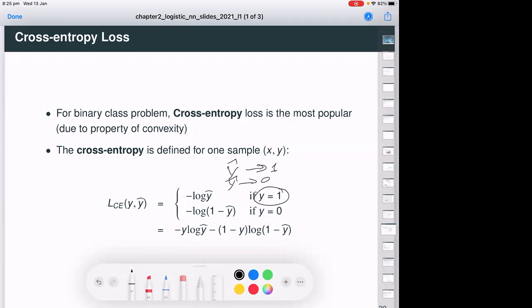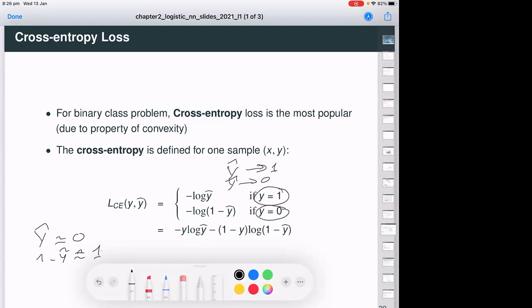Now, if I observe 0 and my prediction is close to 0, then 1 minus my prediction will be close to 1, and the log of 1 is equal to 0.